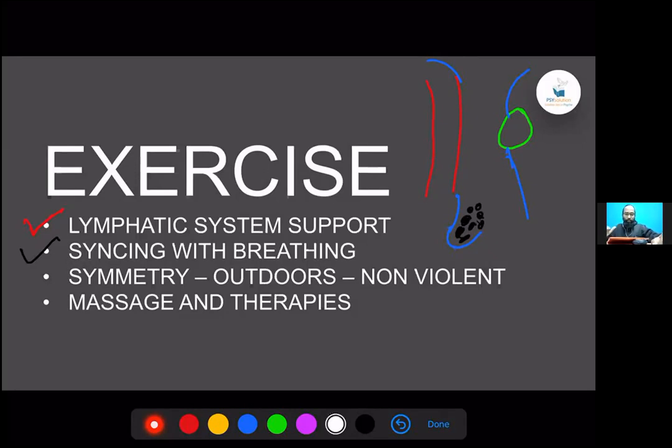So I was talking about syncing of breathing during the exercise. We understood that we have 4 steps in a breathing cycle: breathing in, hold, breathing out, hold. Similarly, every exercise posture will have stretching, then holding, then squeezing, then holding.